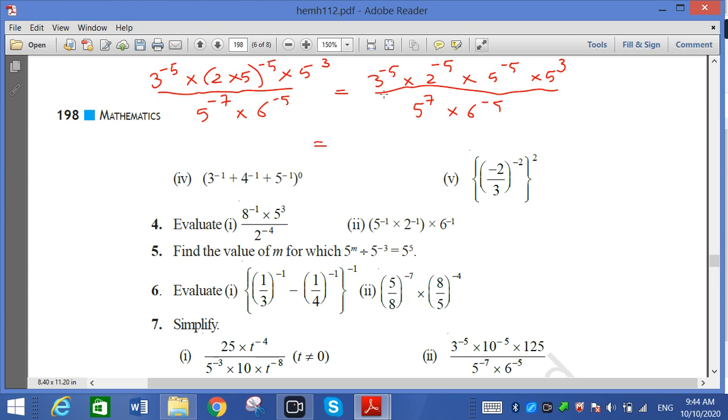Now what you will see is 3 twos are 6, and 6 fives are 30, because all powers are same. But what I am planning is 3 to the power minus 5, so 6 to the power minus 5. 3 into 2, that is 6. Now 5 to the power minus 5, 5 to the power 3, that is 5 minus 5 plus 3.